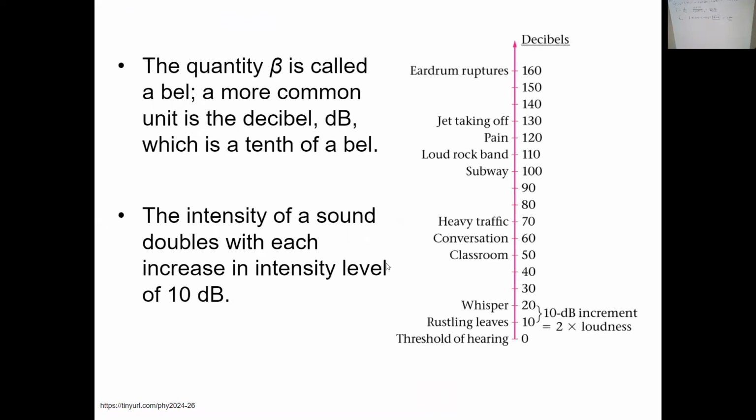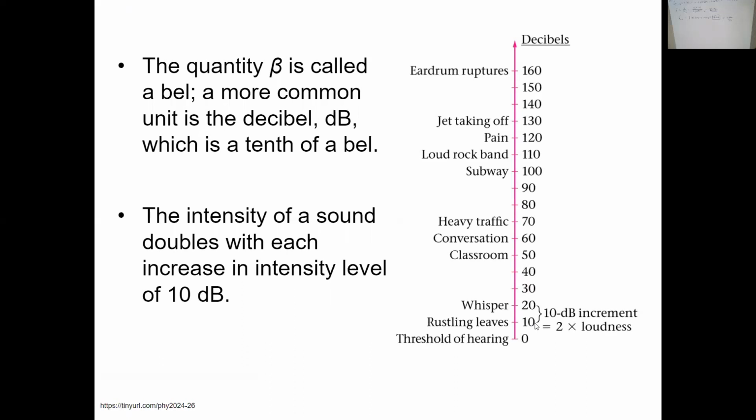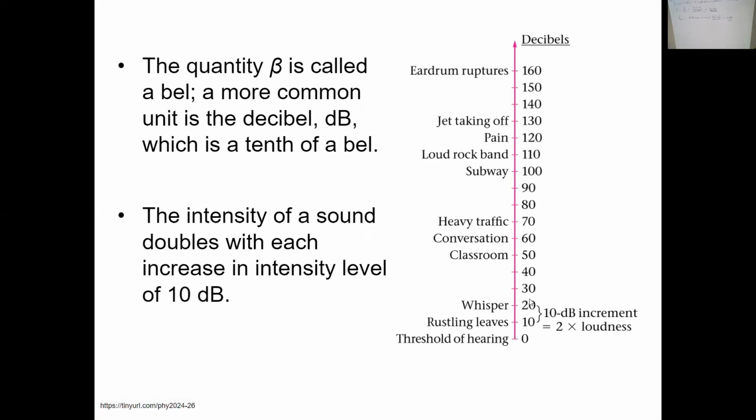So that's the intensity level, in decibels. From 0 to 10, or from 10 to 20, that's like 2 times our loudness, that's what we feel. If beta equal to 10 is one intensity level, then when we hear twice as loud it is 20, and 3 times as loud is 30, 40, etc. So that's a logarithmic scale.